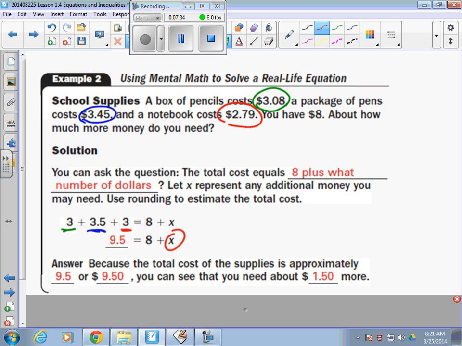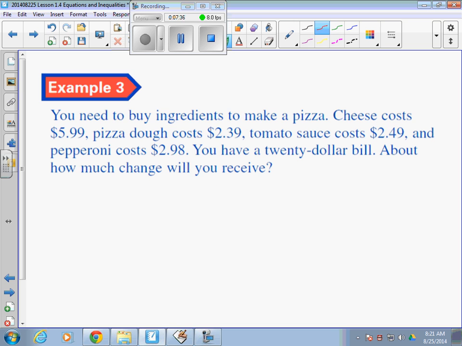I'm going to jump ahead 2 slides because it matches a little bit better. Work on this problem. Again, you don't have to copy down the whole problem. Just copy the values and then estimate based on that $20 bill to see how much change you're going to need.